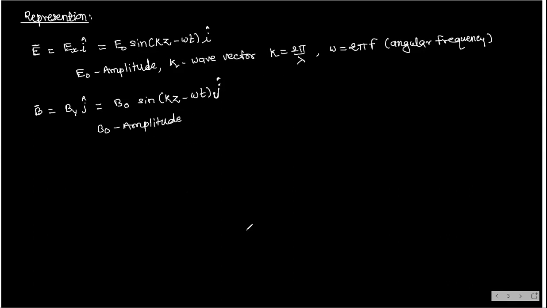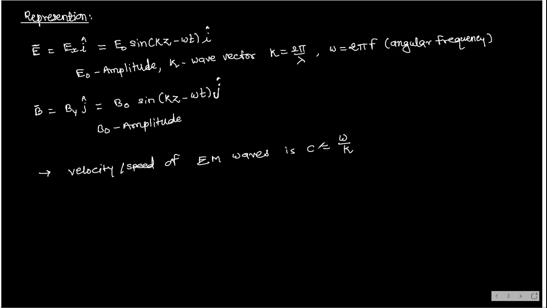And now here the velocity or speed of EM waves is c, which is equal to omega by k.